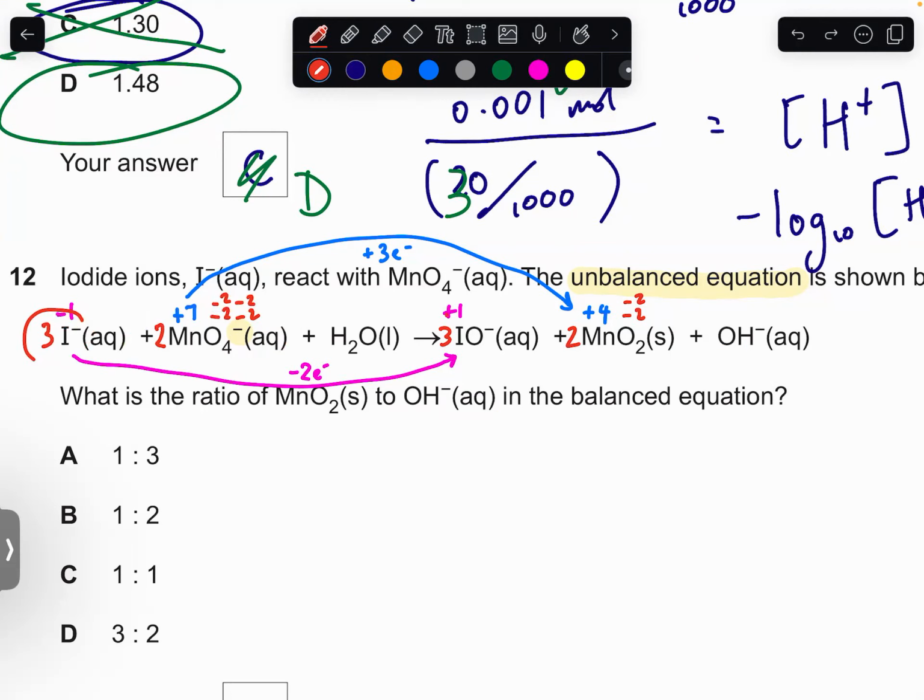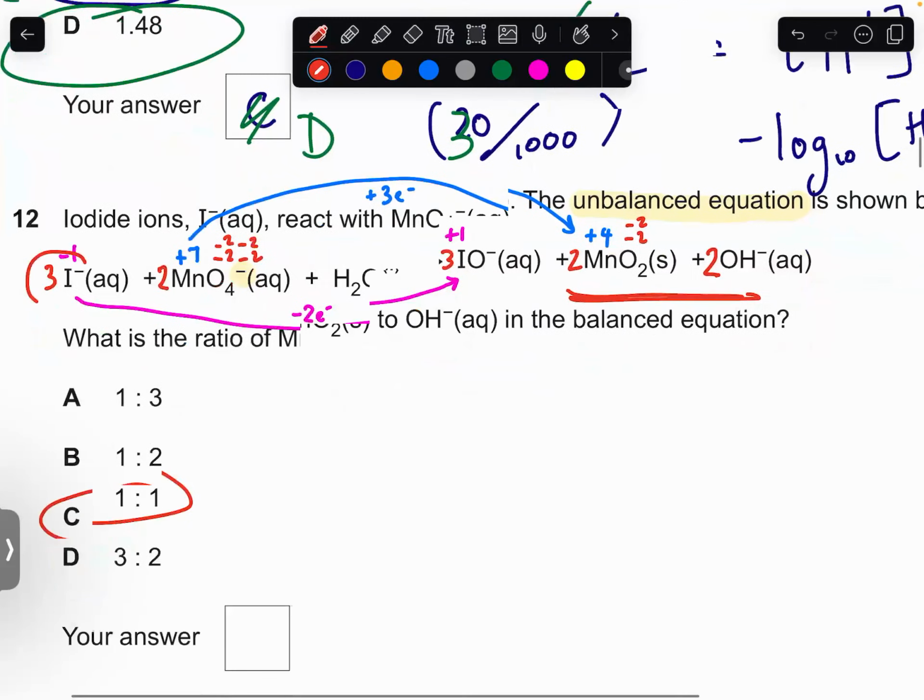And you've only got 3 minus here. That means the 2 minus must come from the OH. That means there must be a 2 in front of the OH. And 2-to-2 ratio is the same as 1-to-1. And the mark scheme supports that.